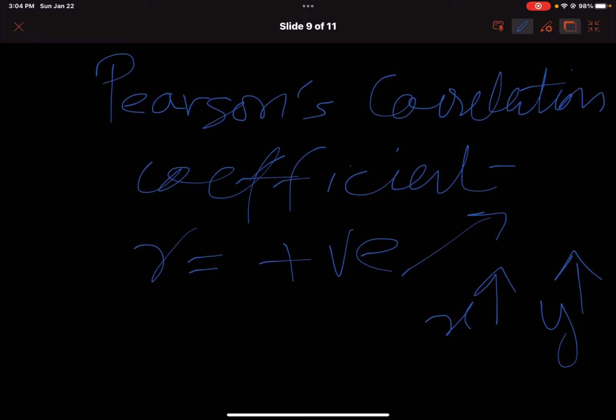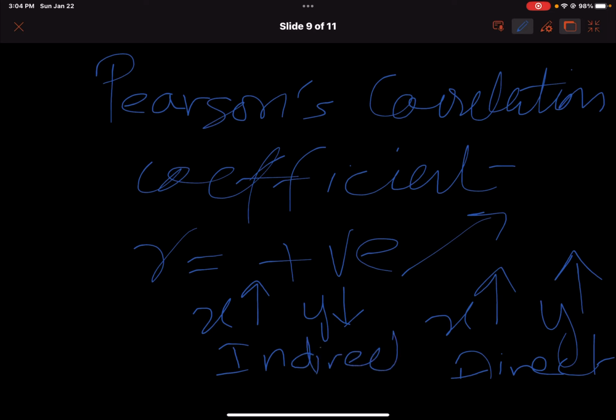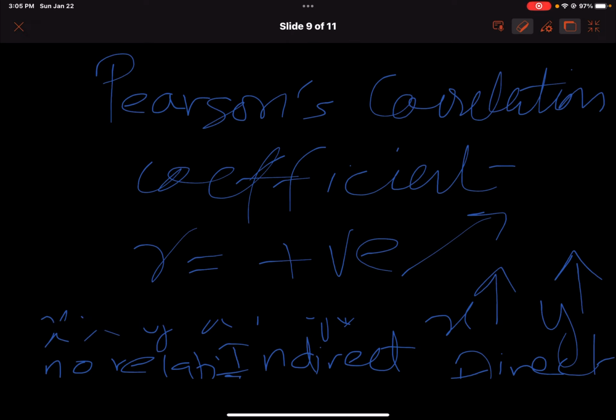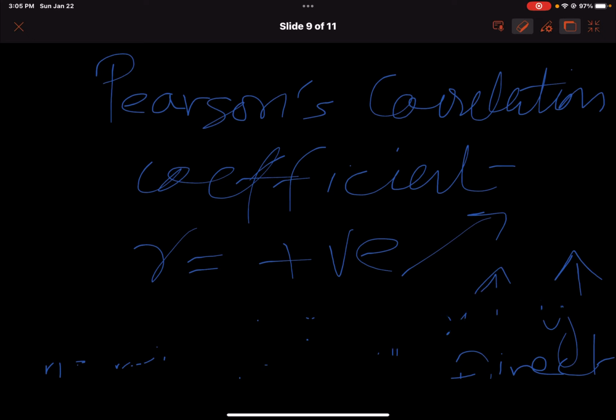So if your X is increasing, Y also increases, and they have a direct relationship. But if your X is increasing and your Y is decreasing, that means it has an indirect relationship. And if your Y does not increase with the X, we say there is no relationship between the two variables. What does this Pearson correlation coefficient tell us? Okay, we know what positive and negative values mean. Negative means indirect, positive means direct relationship.